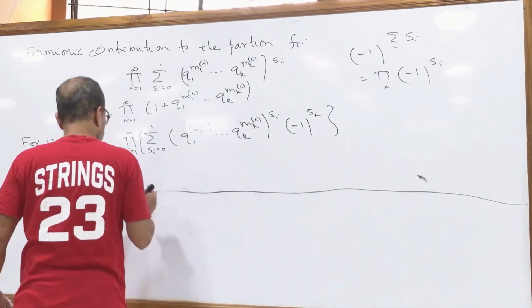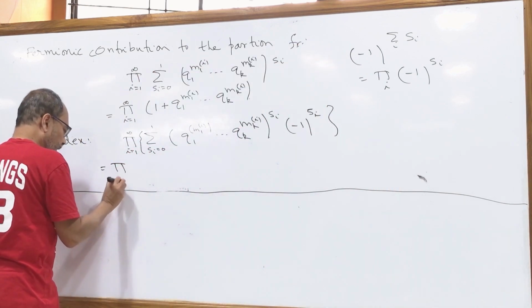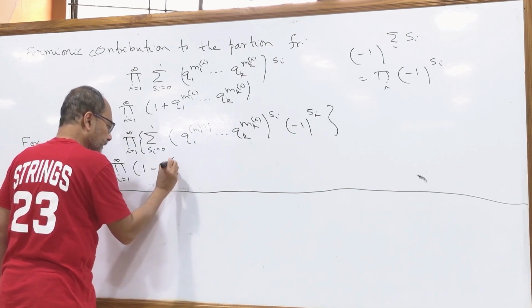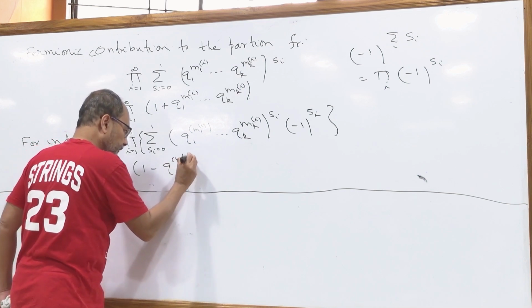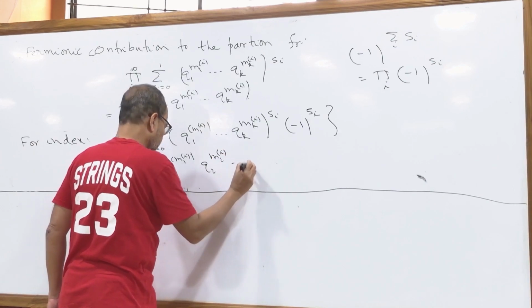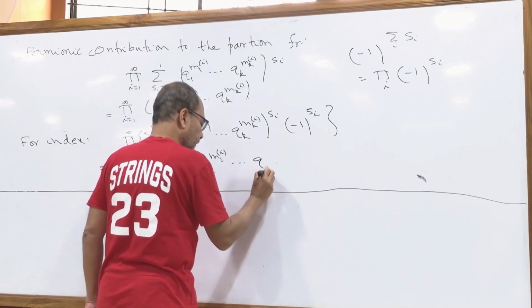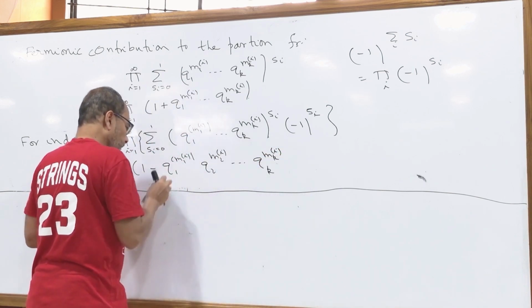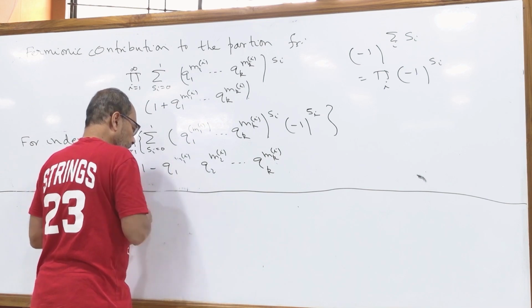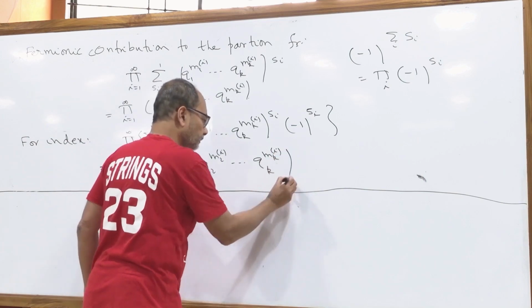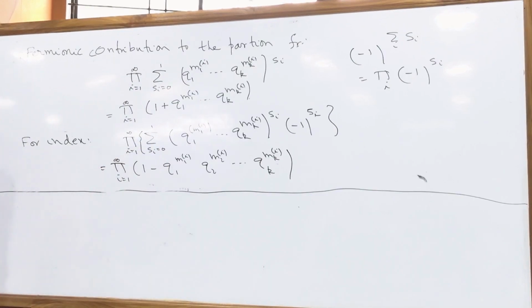So, this is product i equal to 1 to infinity 1 minus ... Is this clear?